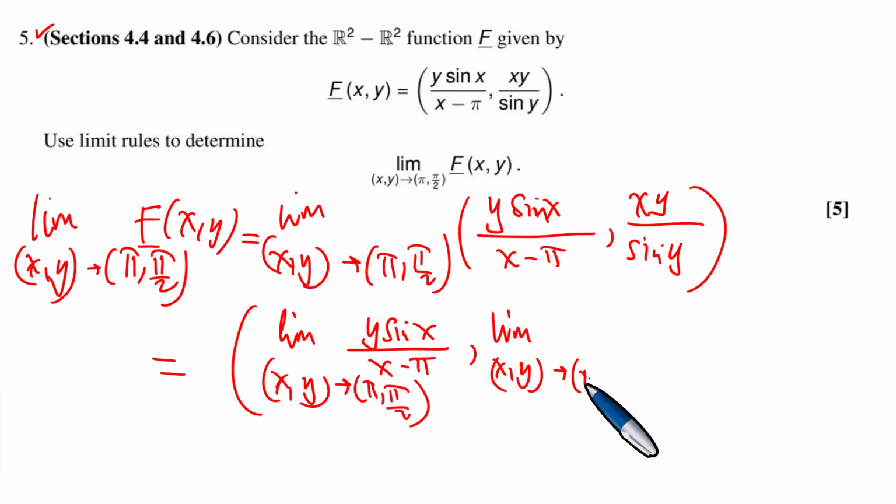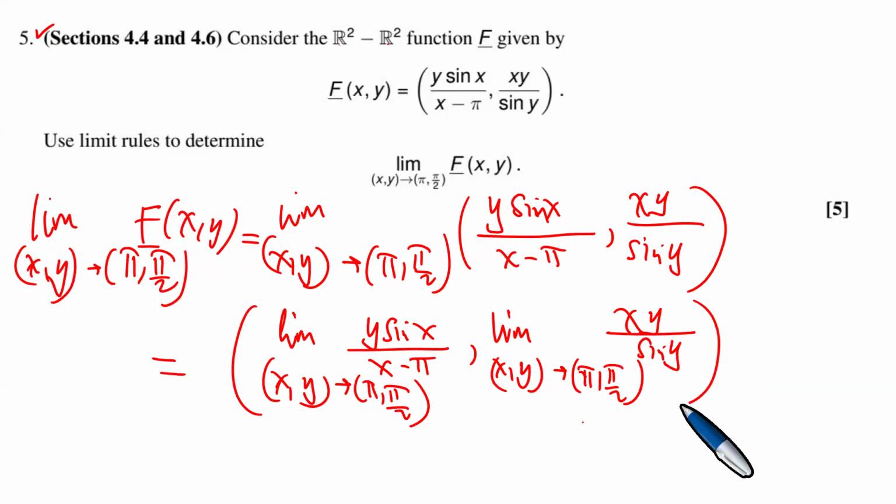This one tends to pi over 2, and then we have xy sine y. Take note of this. What have we done? We've just taken this limit and we put it inside the arguments. These are the limit rules, because we need to use limit rules to determine this, and it is a limit rule to allow these limits. So you can put the limit inside the function. You can put it under the square roots, within the parentheses, and so on and so forth.